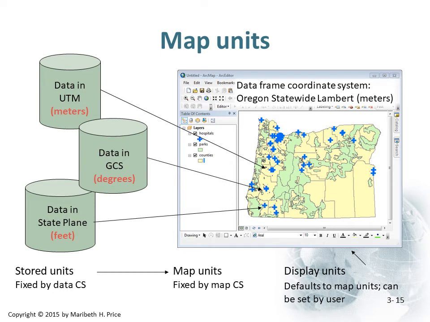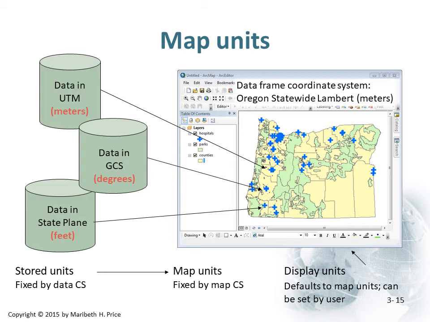Map units are the units associated with the map document. These are set by the properties of the map itself, and they are what the software converts from what is stored with the data.